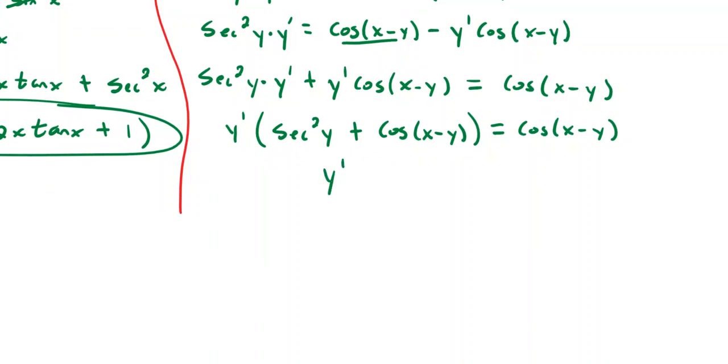So we'd have y prime is equal to cos of x minus y all over secant squared y plus cos of x minus y.